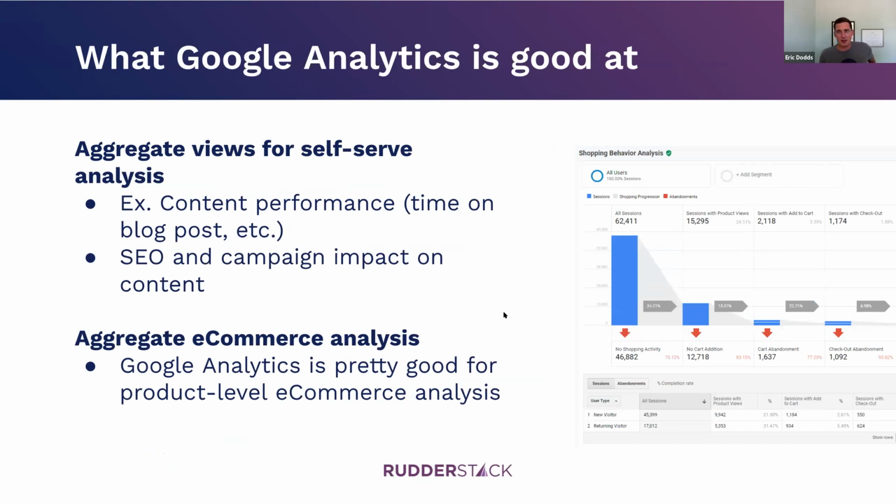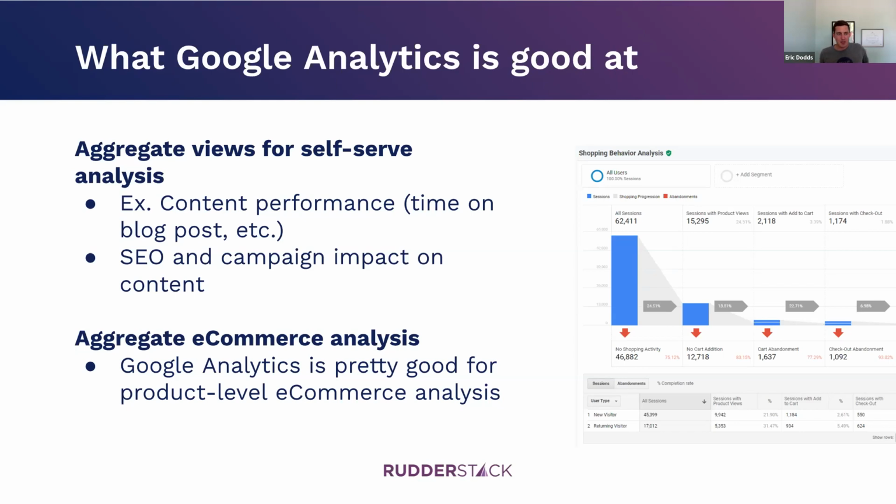Let's talk about what Google Analytics is good at. It is great for aggregate views that individual users who want self-serve analysis can leverage, right? So content performance, social media teams, content teams. Let's look at time on page, number of blog posts viewed per session, incoming traffic and time on site from particular social channels.